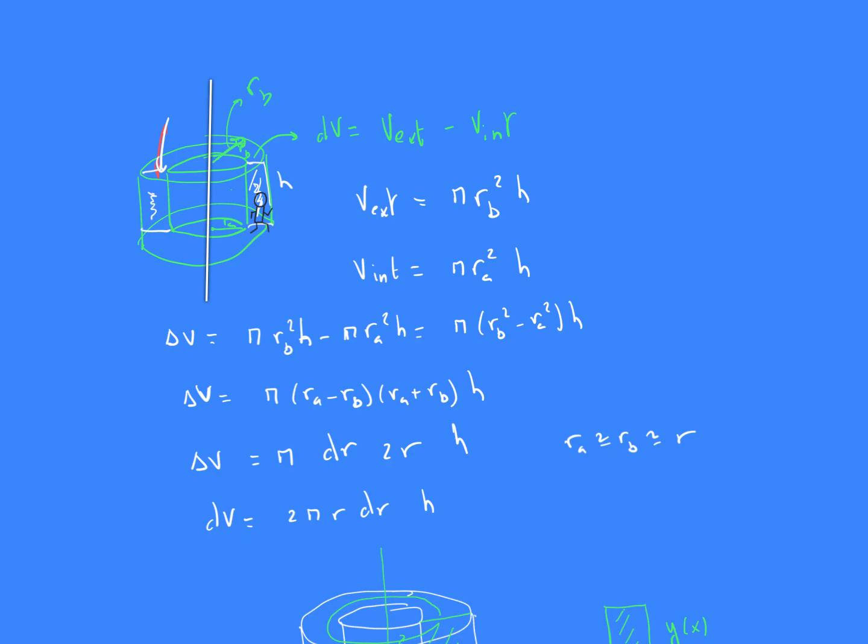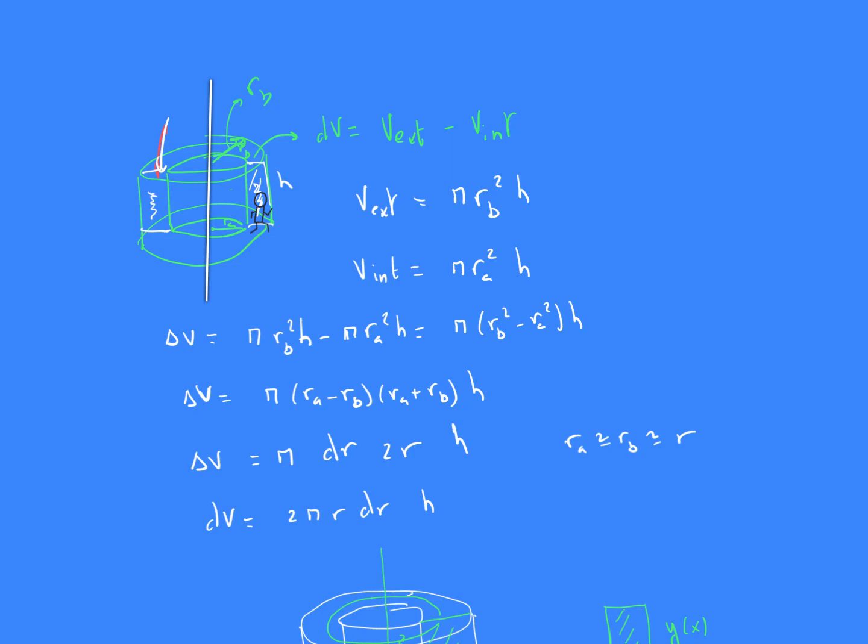They can be 4 meters, but if one is 4 meters, the other one is very next to 4 meters, maybe 4 meters plus 10 to the minus 6 meters. So RB is almost the same as RA, but not the same.